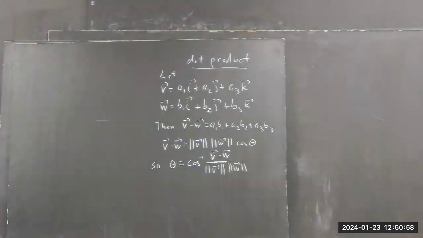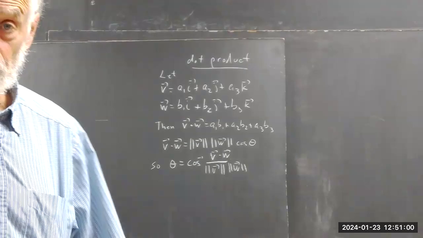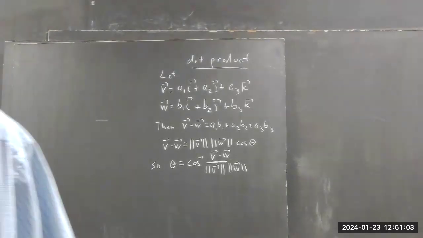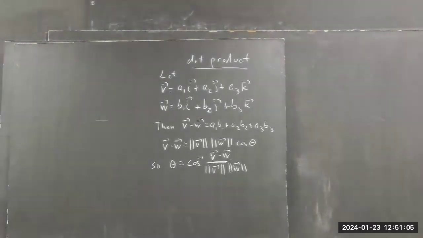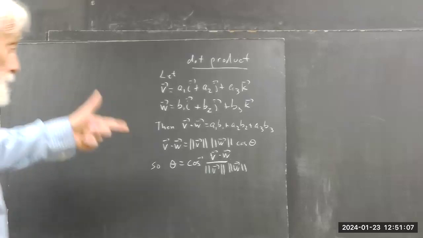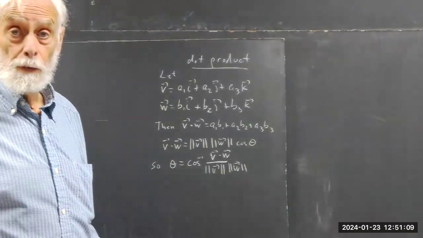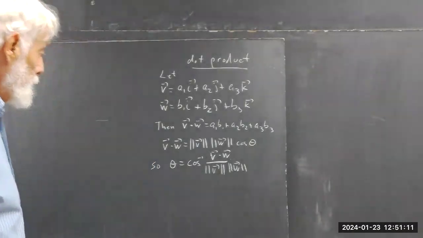That makes sense? Have you seen that? You're familiar with that? Okay, so I don't need to say too much about it. So this means you can find the angle between any two vectors in space.